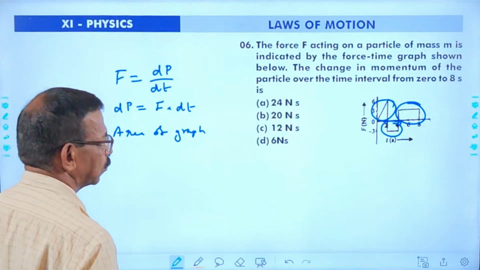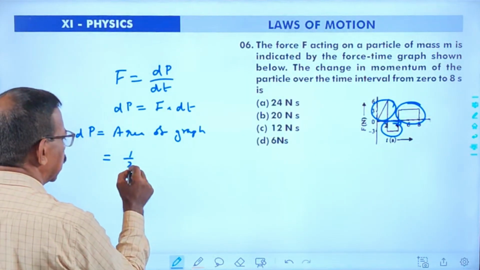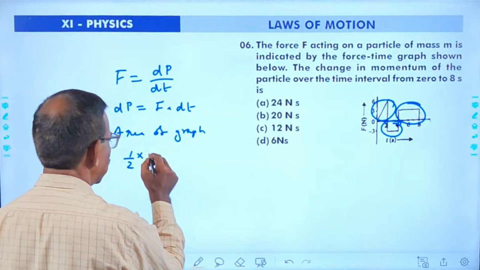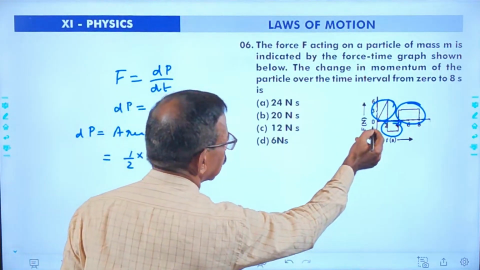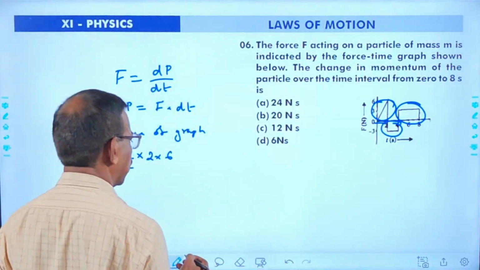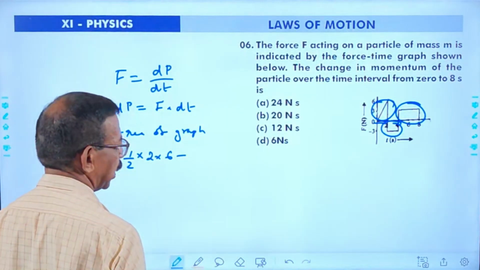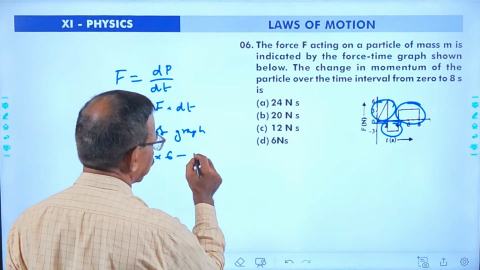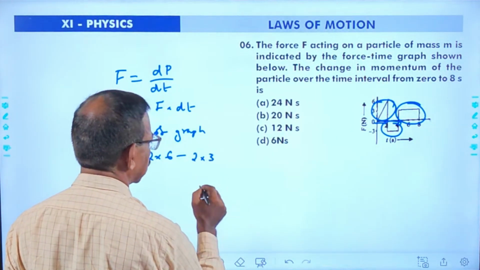That is, area of the first part is a triangle, half into base into height. Half into base is 2 and the height is 6. Second part is a rectangle having area, but it is minus since it is on the negative side. It is L into B, that is 2 into 3.